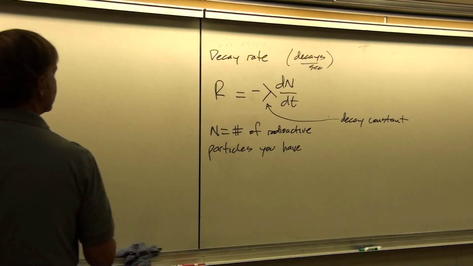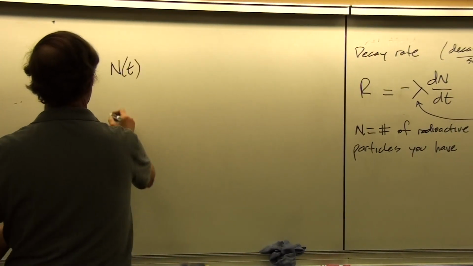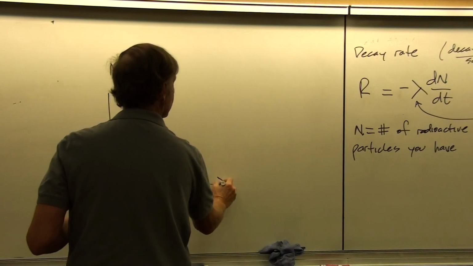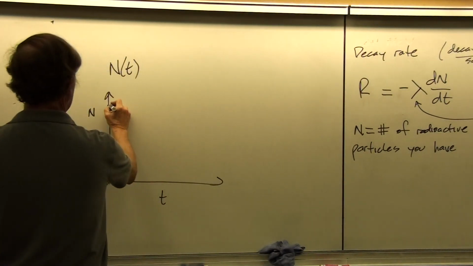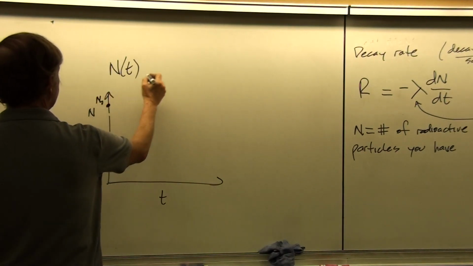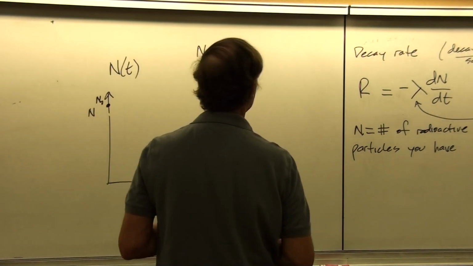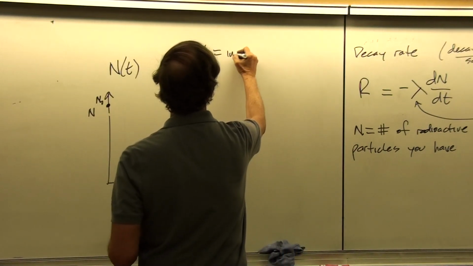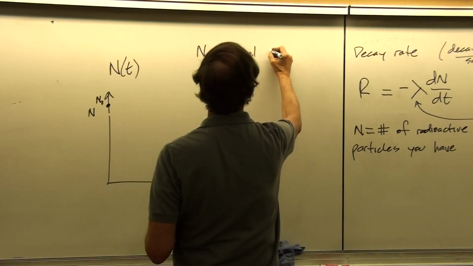And so let's find the expression for N as a function of t. So let's say we have a certain number of radioactive particles, N, and at some initial point we have N naught. And N naught is the initial value for the number of radioactive particles.